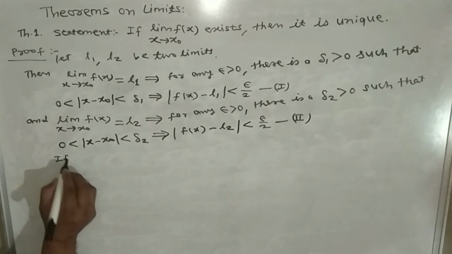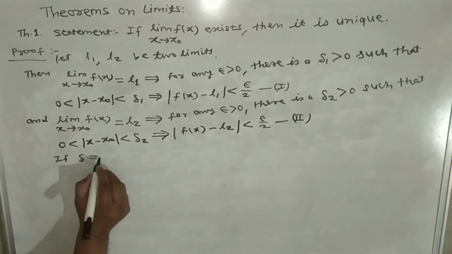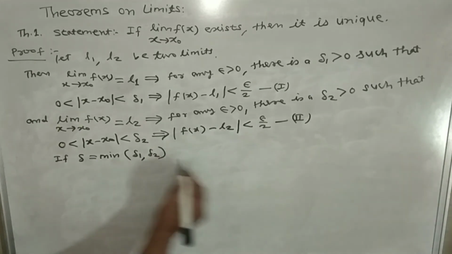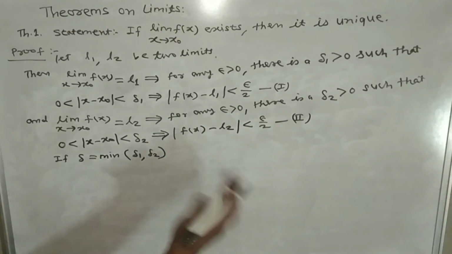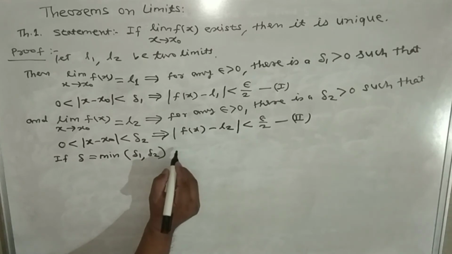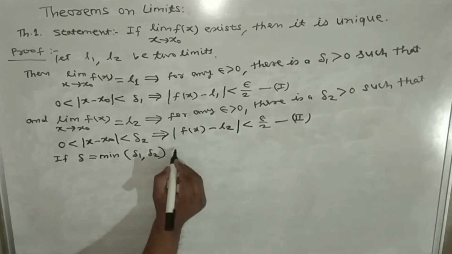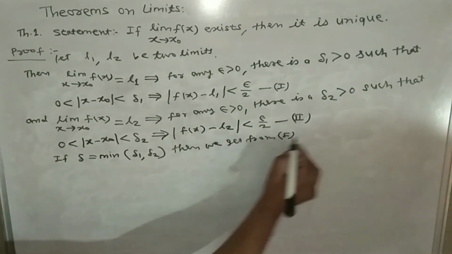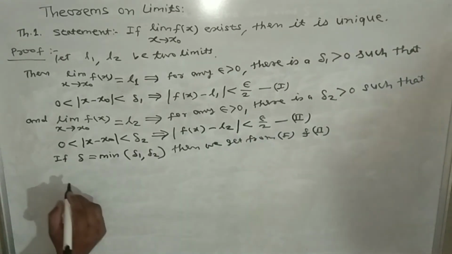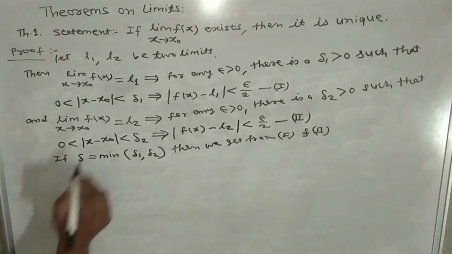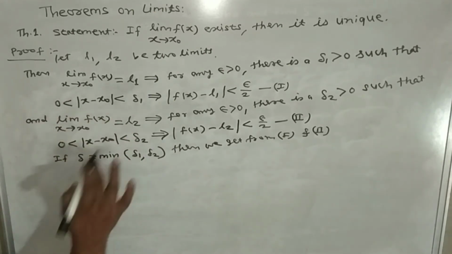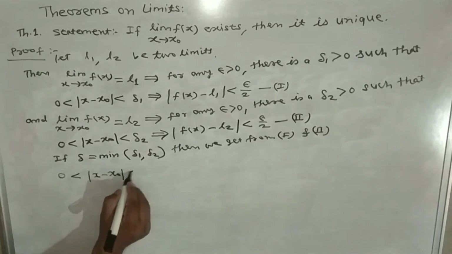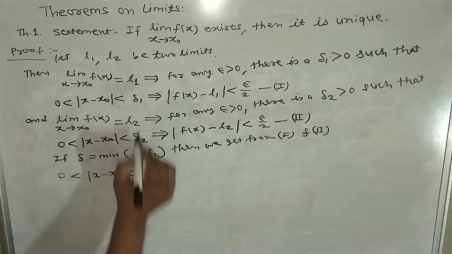Now, if delta is equal to minimum of delta 1 and delta 2, then from the first and second we get 0 is strictly less than mod x minus x0 and is strictly less than delta.